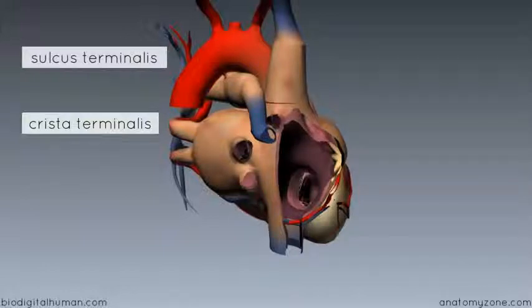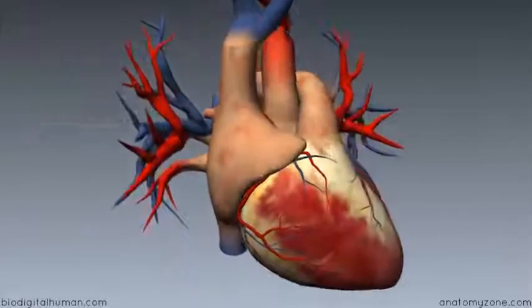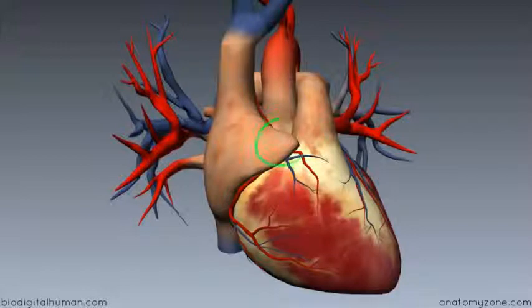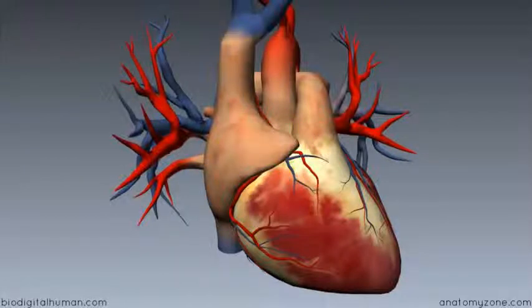So you've got these two spaces within the right atrium. So just taking a look at the right atrium externally, you've got this notable little appendage here. This is the right atrial appendage, or the right auricle, and this little conical pouch overlaps the ascending aorta, and I'll come on to mention that in a bit.